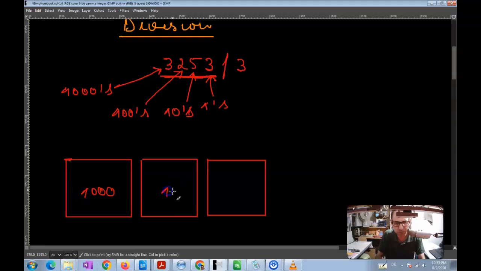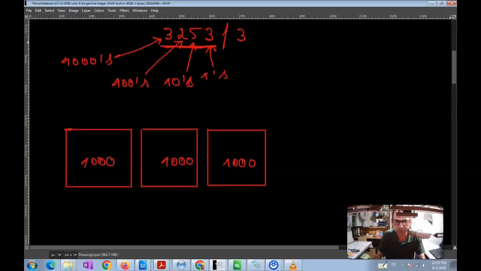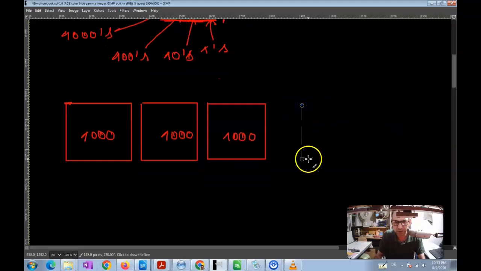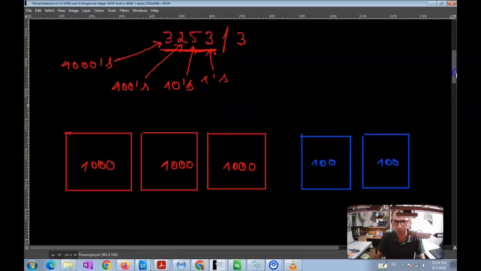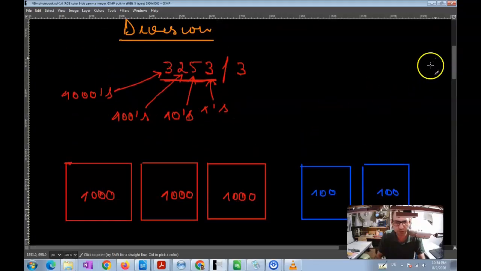And then let's say that this is a group of 100, and this is another group of 100. So we have 2 groups of 100.